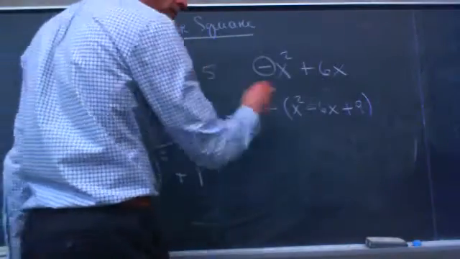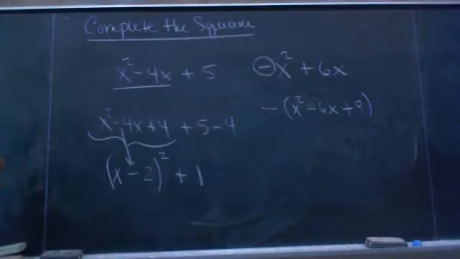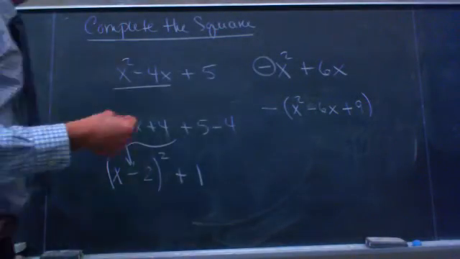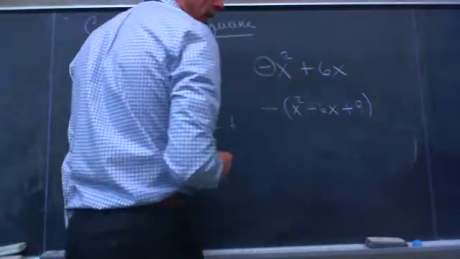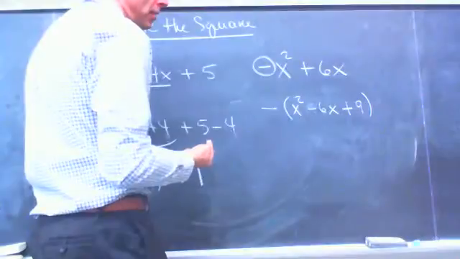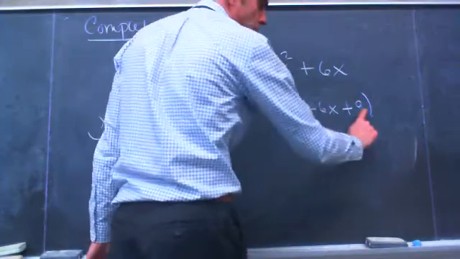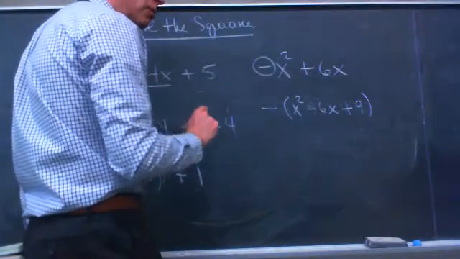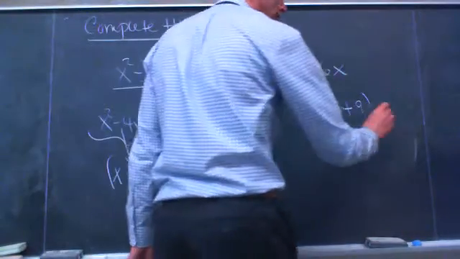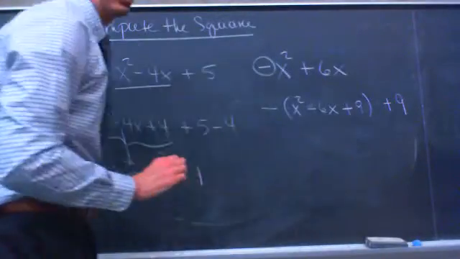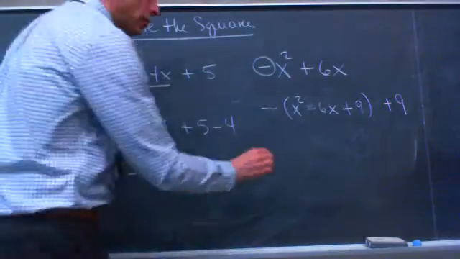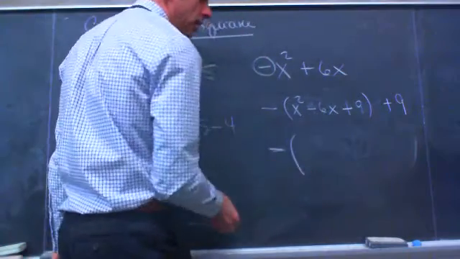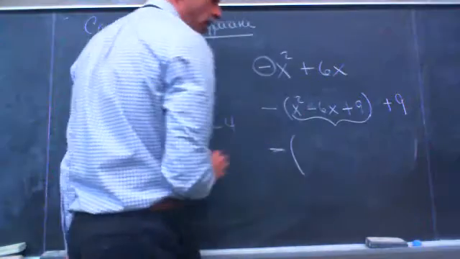This term here will always be positive because we're squaring it. But I really haven't added 9 to this side. I really have a negative 9, because when I distribute this through, I get negative 9. So to compensate for adding a negative 9, I really have got to add 9 then. And what this comes down to is the negative quantity of, this is a perfect square trinomial.